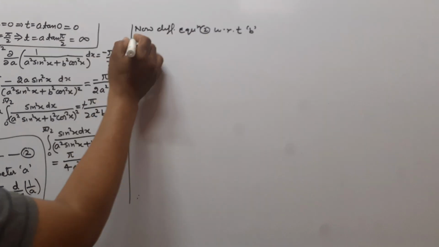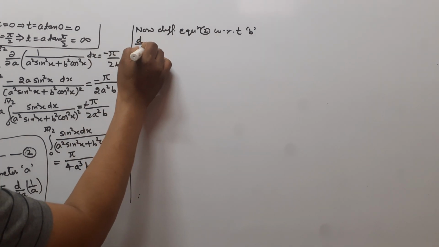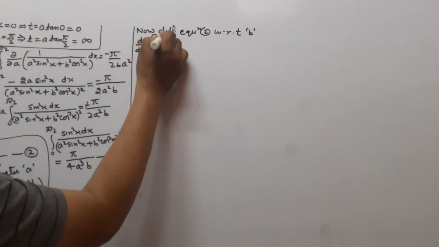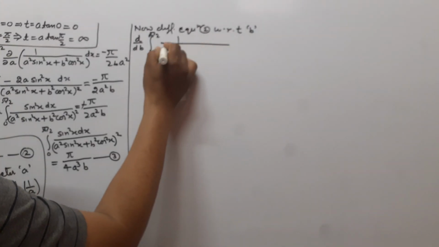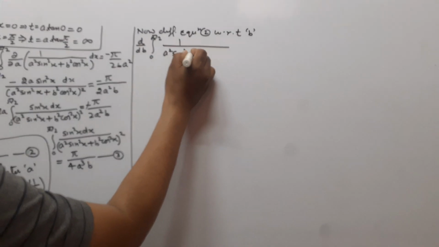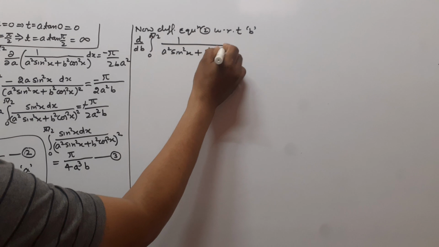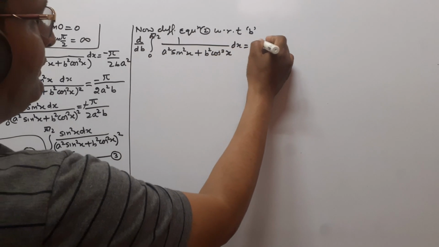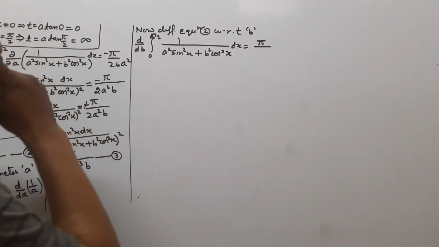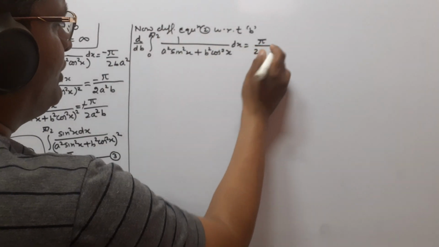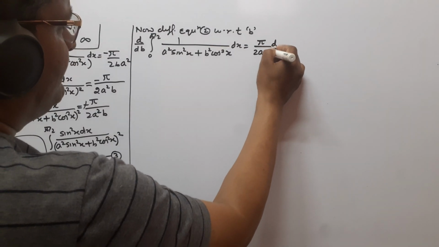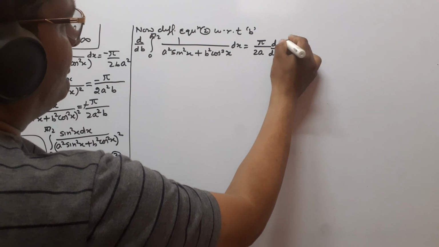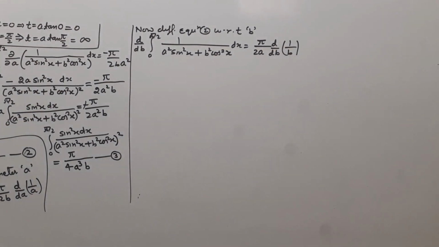So we can write here d by db of the integral from 0 to pi by 2 of 1 upon a square sin square x plus b square cos square x dx. This is equal to, here we differentiate with respect to b, so pi upon 2 is constant, and we differentiate 1 upon b with respect to b.